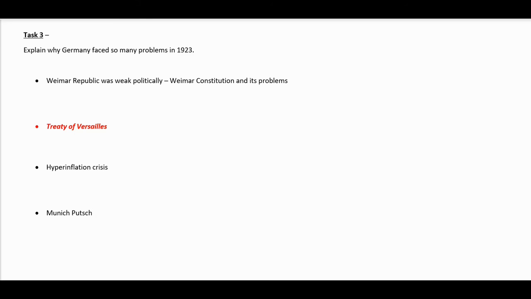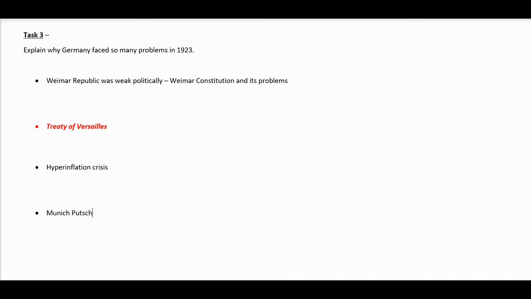So our argument could be that the reason Germany faced so many problems in 1923 was because of the continued difficulties created by the Treaty of Versailles and the problems associated with the Weimar Republic government appearing to be weak and not particularly stable.